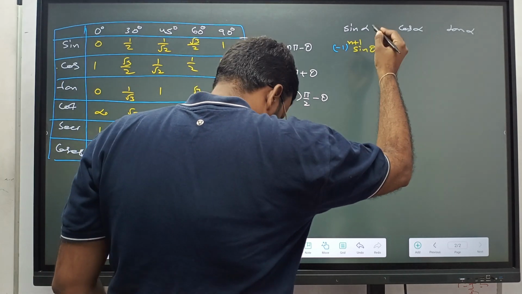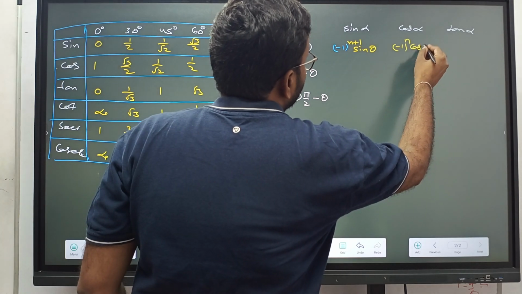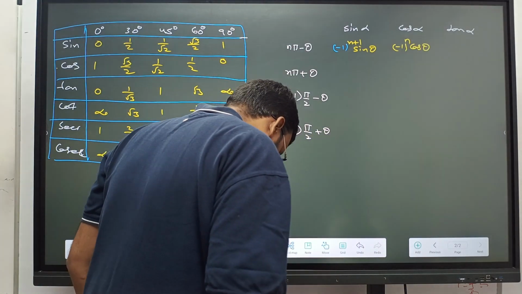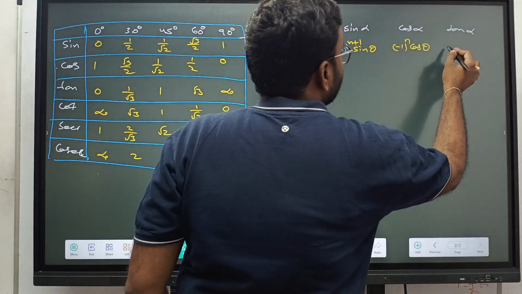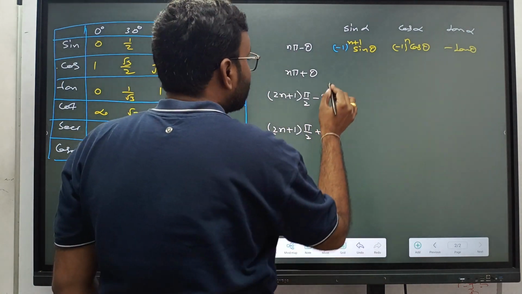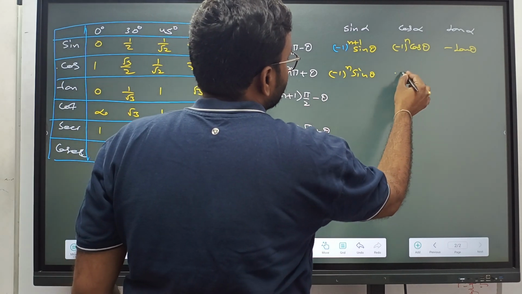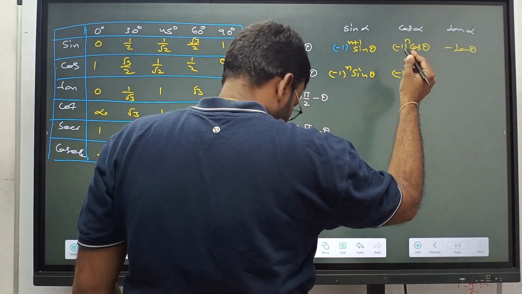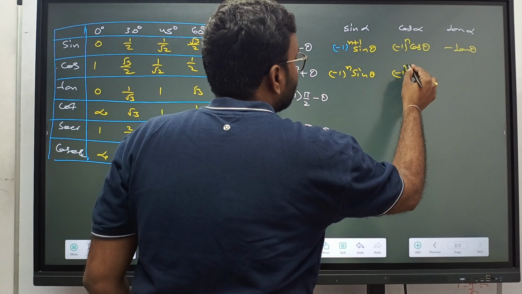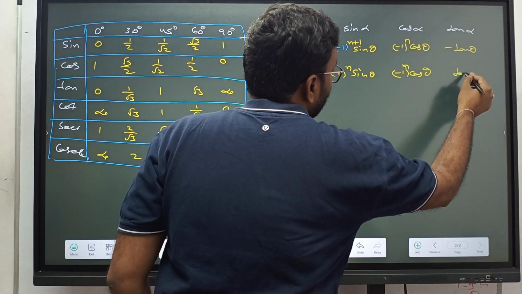Then second one, you will get minus 1 whole power n cos theta. Next, minus tan theta. Then second one, minus 1 whole power n sin theta. And this is minus 1 whole power n cos theta, and this is tan theta.